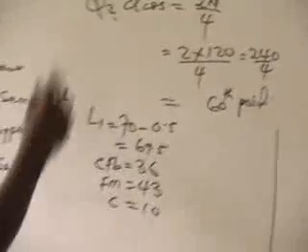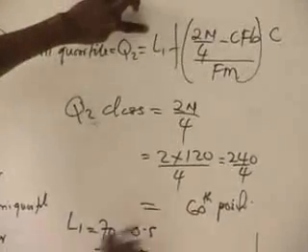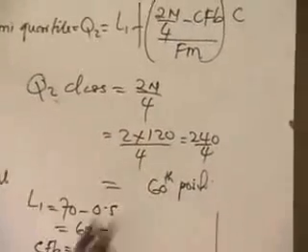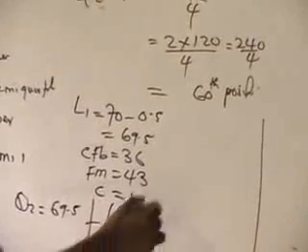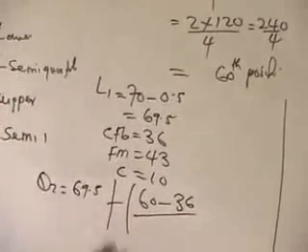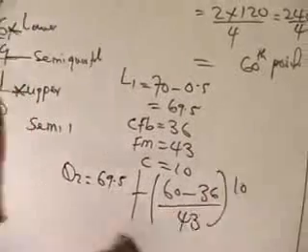So let us now put it there and get our answer one after the other. Our Q2 equals L1, which is 69.5, plus 2n divided by 4, which we have already gotten as 60, minus CFB, which is 36, all over FM, which is 43, then bracket C, which is 10.